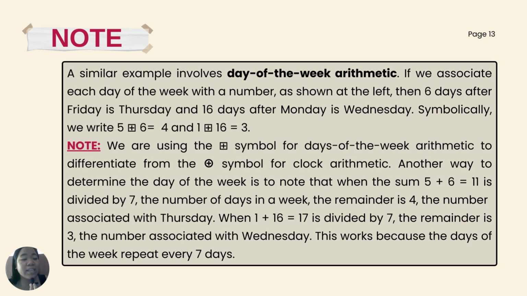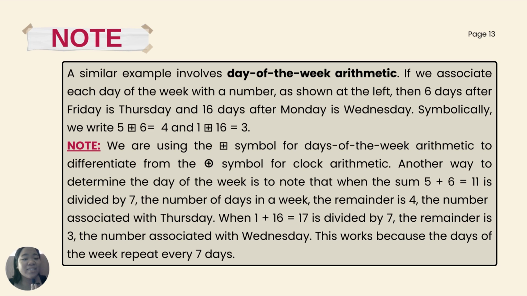If we associate each day of the week with a number as shown, I'm so sorry I did not put it, class. Monday is associated with the number 1, Tuesday 2, Wednesday 3, Thursday 4, Friday 5, Saturday 6, and then Sunday is 7. Then, 6 days after Friday is Thursday, and 16 days after Monday is Wednesday.